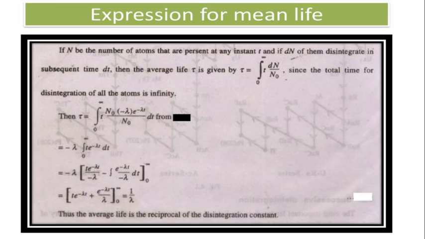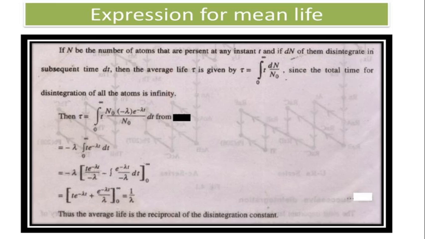I hope today's class is clear to you. We had seen the law of radioactive decay, from where we derived the equation N equal to N0 into e raised to minus lambda t. We had seen what is a half-life and the expression for half-life of a radioactive substance, and also the graph connecting N and t.